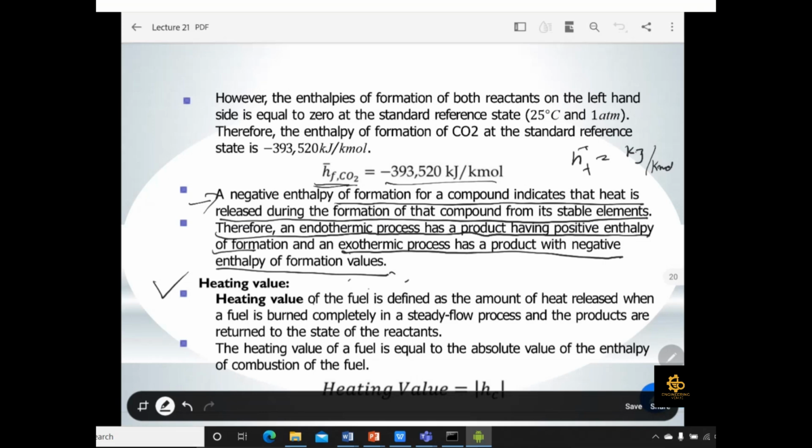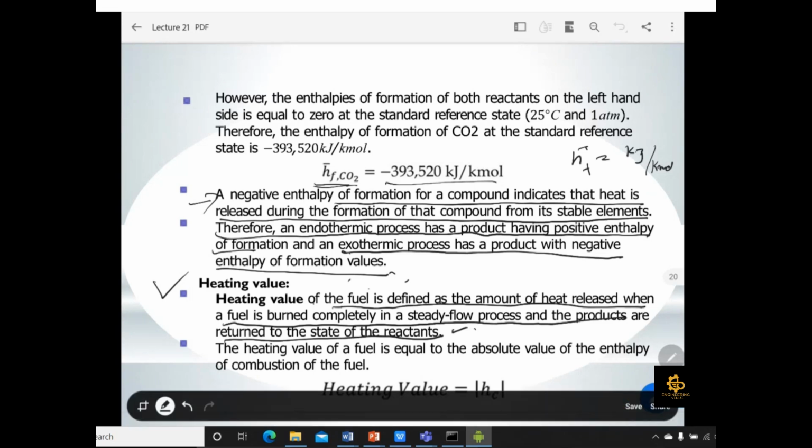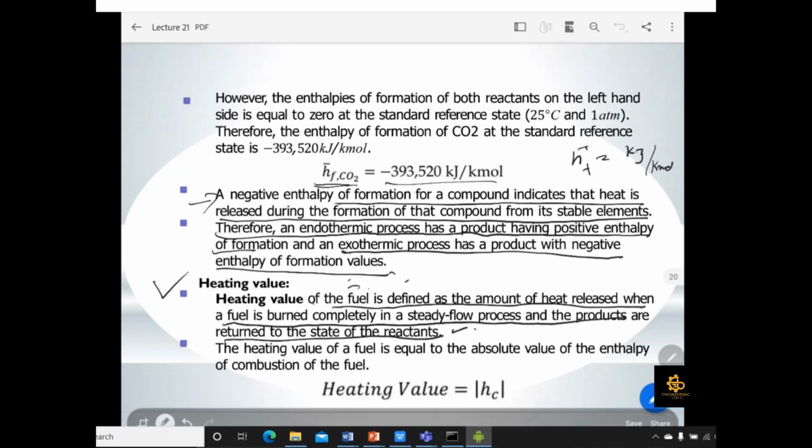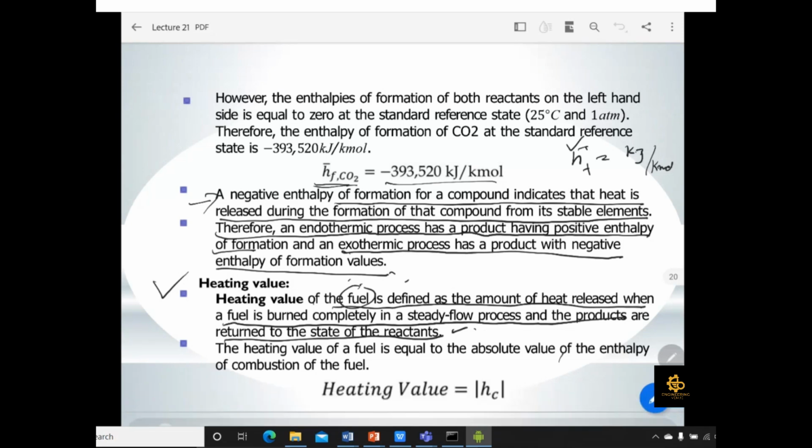The heating value of a fuel is defined as the amount of heat released when a fuel is burned completely in a steady flow process and the products are returned to the state of the reactants. Heating value is only defined for fuel, however enthalpy of combustion is defined for any substance. This is the main difference between enthalpy of combustion and heating value. The heating value of a fuel is equal to the absolute value of the enthalpy of combustion of the fuel.